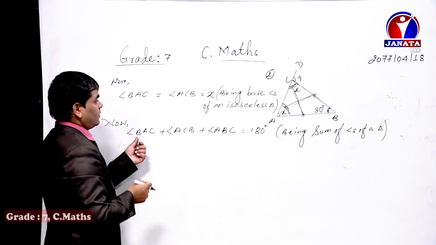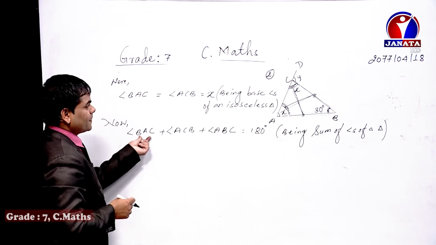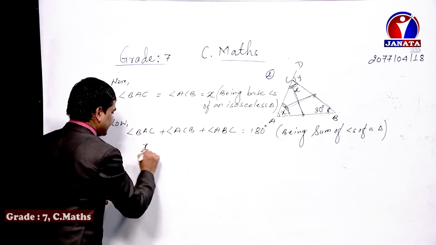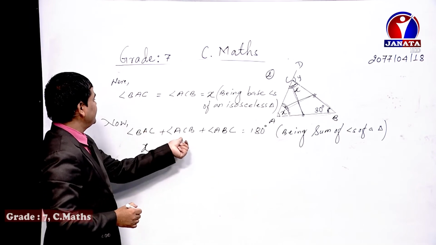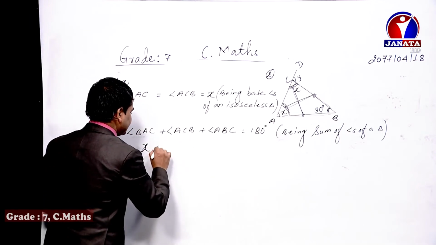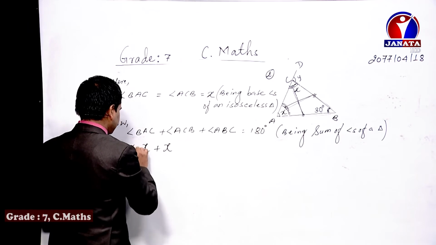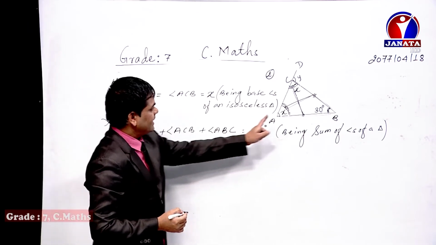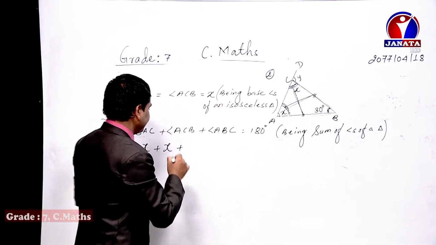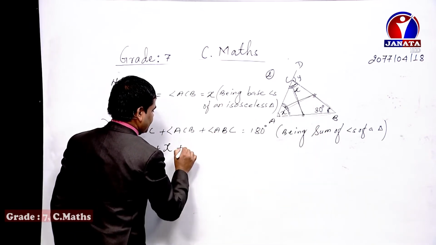Now what about BAC? BAC means x, isn't it? And look here, ACB and BAC are equal to each other, so in place of ACB also you can write x. And then ABC is mentioned as 30 degrees, so you can write 30 degrees in place of ABC.